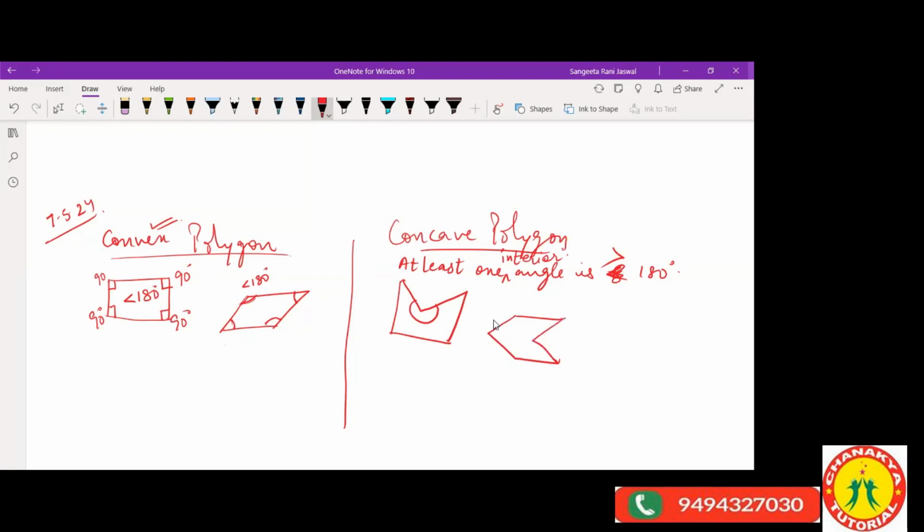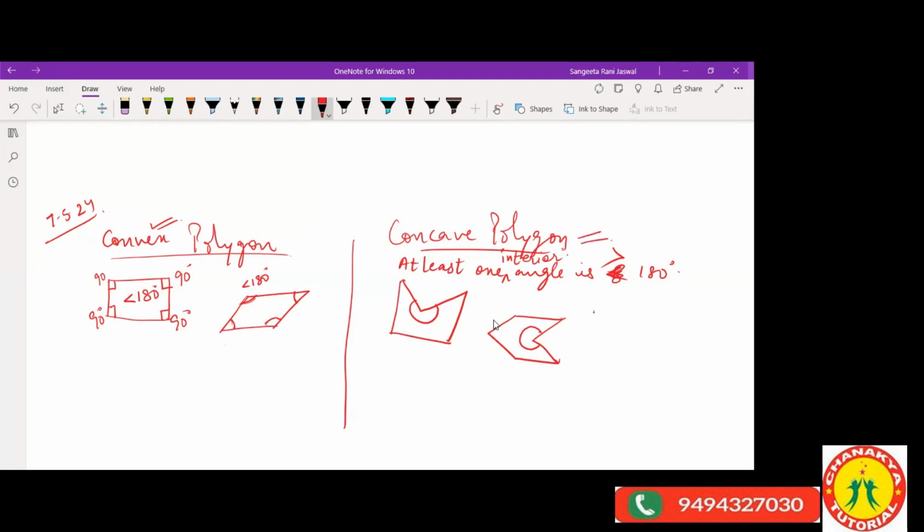This is a closed polygon, and we can see that at least one interior angle is greater than 180. It can be more, for any number of sides of a polygon, but at least one should be there. So such polygons are called concave polygons.